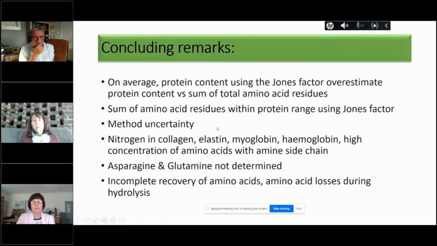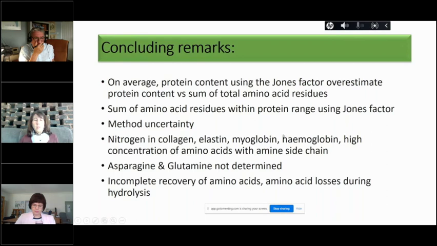For nitrogen determination, it's an easy method. For amino acid residues, it will have a much higher method uncertainty due to the many steps included in the analytical process. Also, we must remember that for meat, you get nitrogen from various other substances that is not necessarily amino acids.